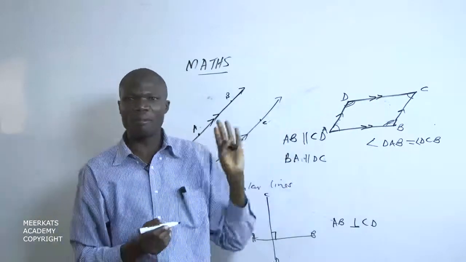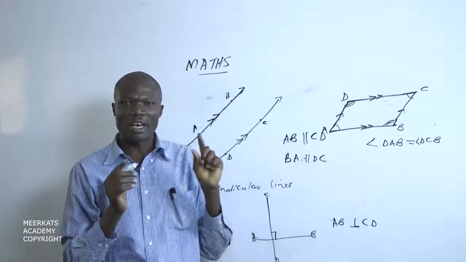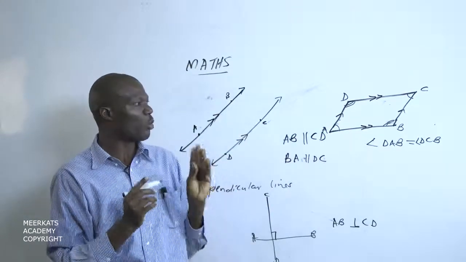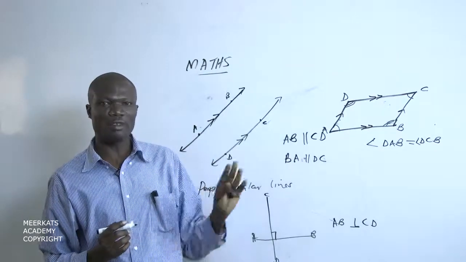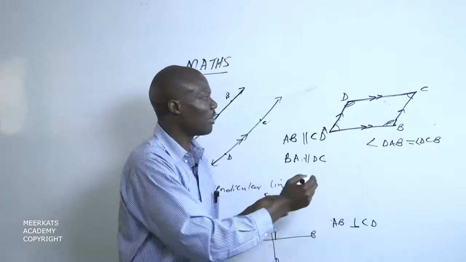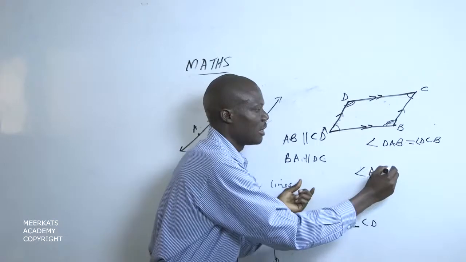So on the same figure, we should also identify another pair of angles which is equal. You'll notice that from this figure, we have other angles, the angle ADC.